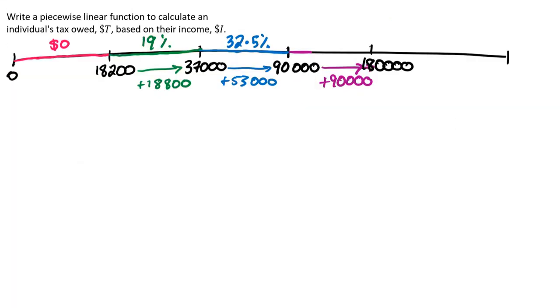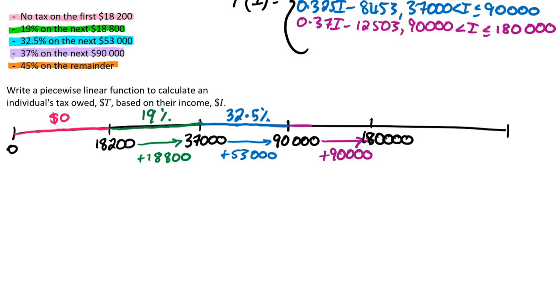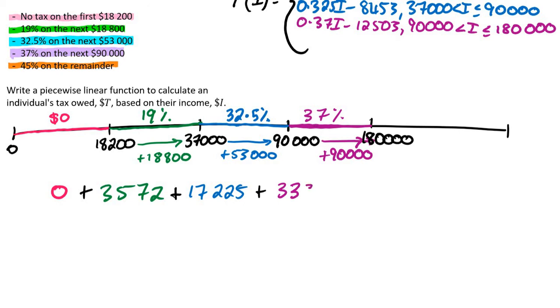One last region. This person is going to pay $0 there, plus 3,572 on the next 18,800, plus 17,225, plus all of this region between 90,000 and 180,000 at 37%, which is 33,300, plus any amount over 180,000 at 45%.